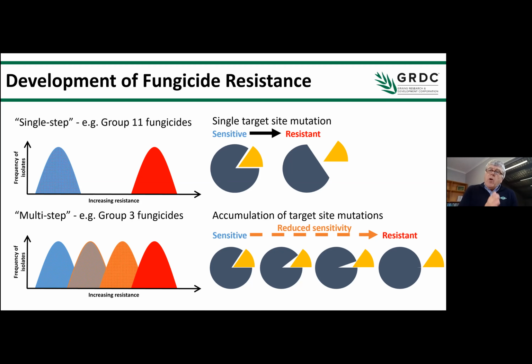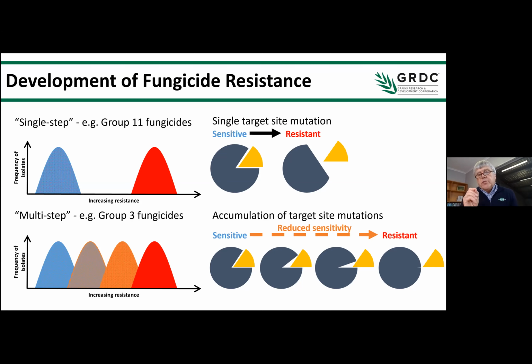But actually there are many steps potentially in between where small differences in mutations can accumulate within that manufacturing base, which is coded for by what we call the CYP51 gene.